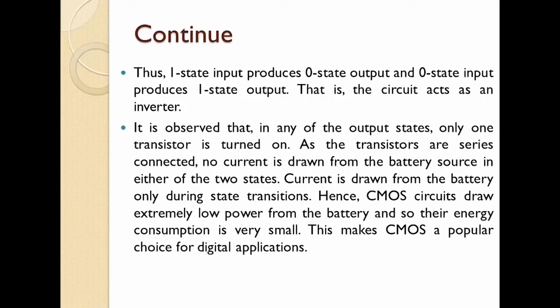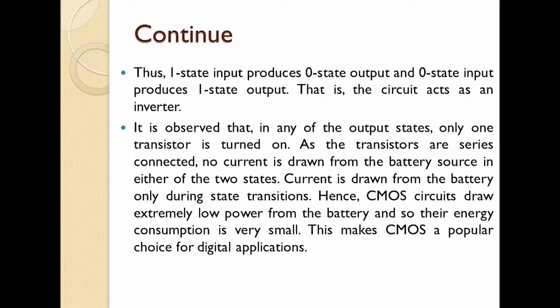If you apply Vi equal to 0 volt, PMOS is on and NMOS is off. That means only one transistor will conduct. So in any of the output states, only one transistor is turned on.